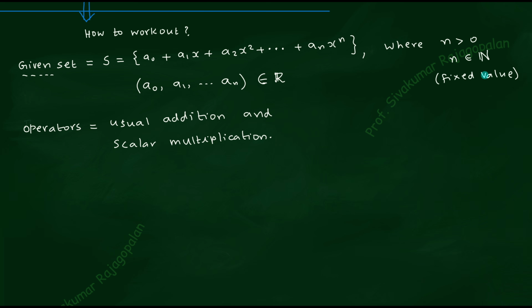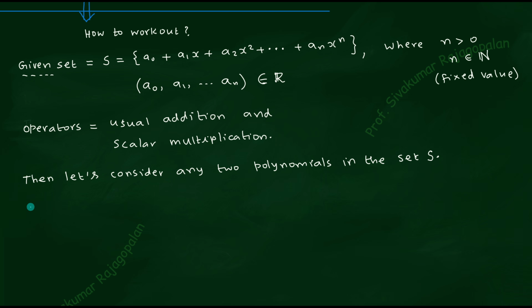Let us consider some number for n, you can fix any number, it's okay. Let us try to fix n equal to 4, so that you can write down some expression. Now in order to check the axioms, we will consider any two polynomials from the set, so that when you're talking about commutativity, additivity, or associativity, you need two of them, right?